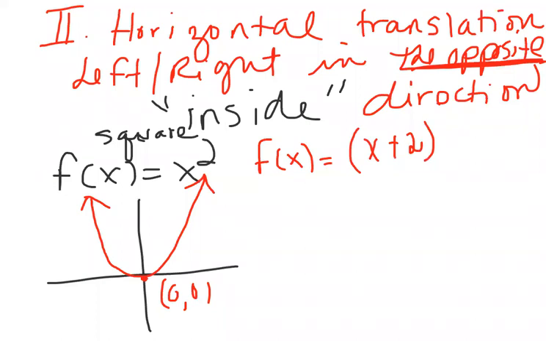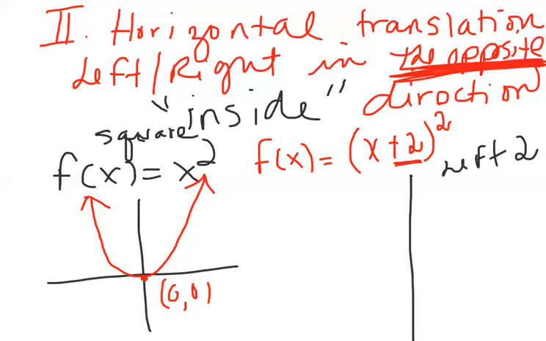Did you guys hear that? Inside the parentheses. So if it was the absolute value, it would be inside the absolute value, okay? And then square it. So guys, this positive 2 here is going to move the graph in the opposite direction. So rather than moving to the right 2 units, it's going to move to the left 2 units from the origin.